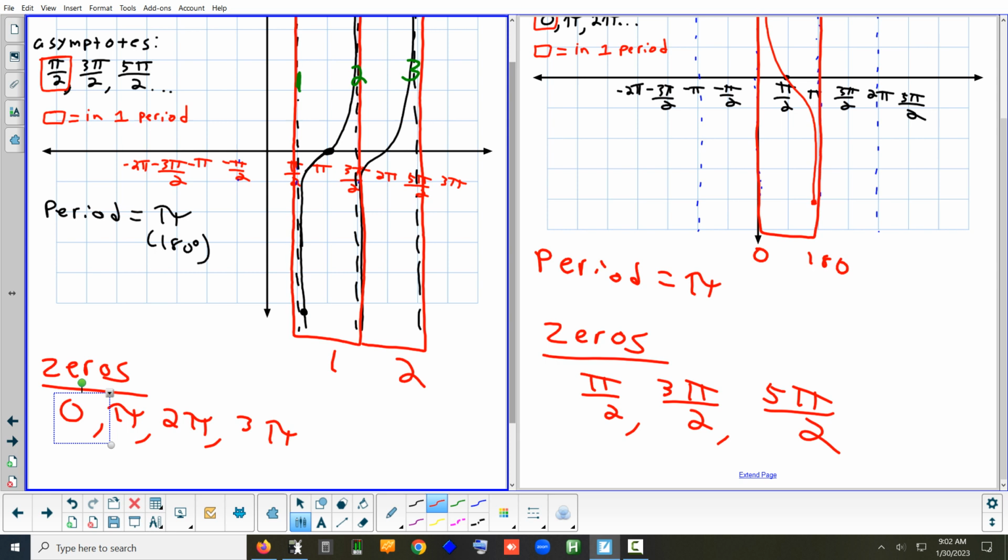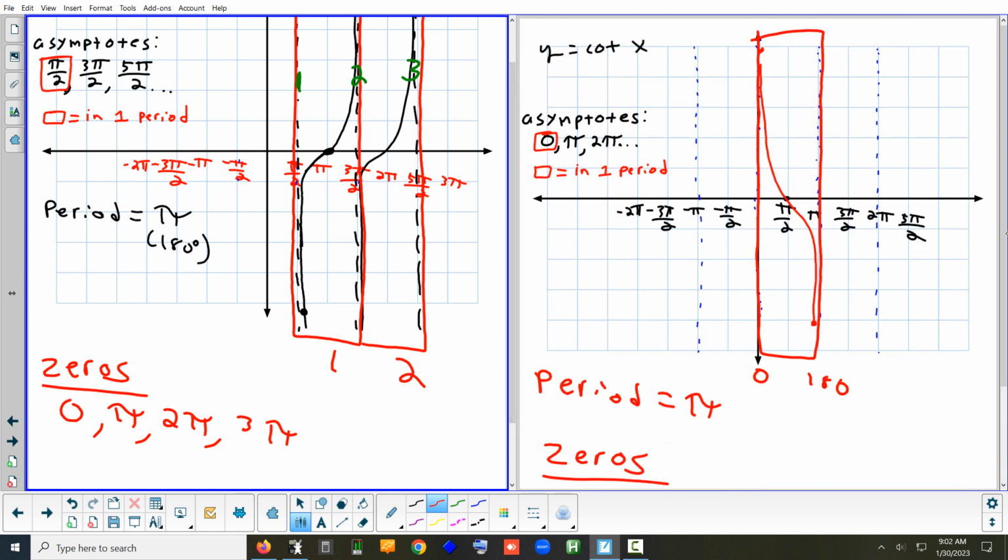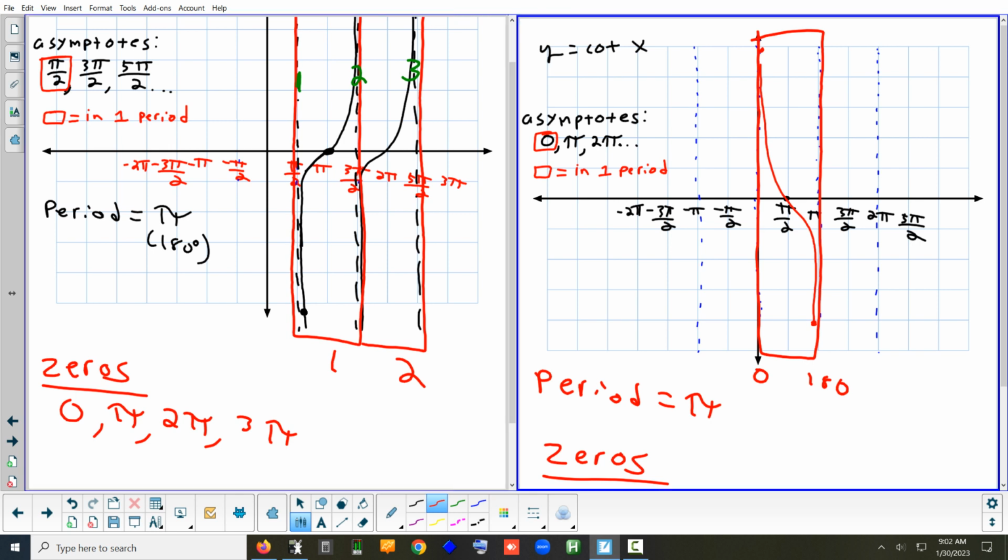Now, these are the zeros for tangent. Look at all these numbers on the cotangent graph. What do you notice about 0, pi, 2 pi, and 3 pi on the cotangent graph? Those are the asymptotes. The zeros for the tangent are the asymptotes for the cotangent.